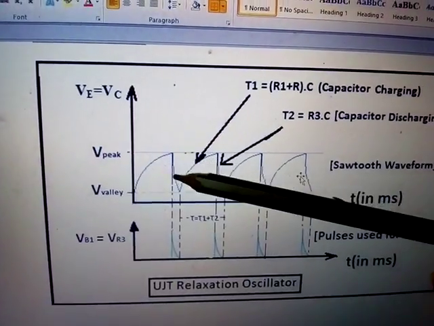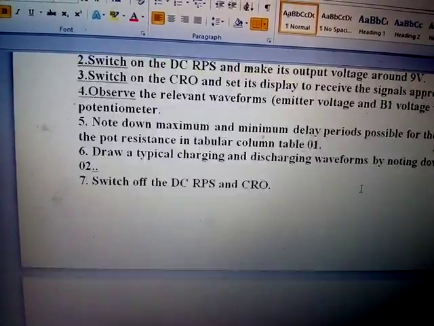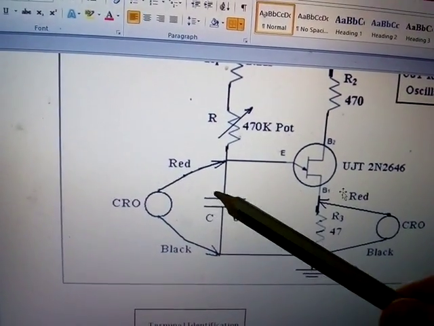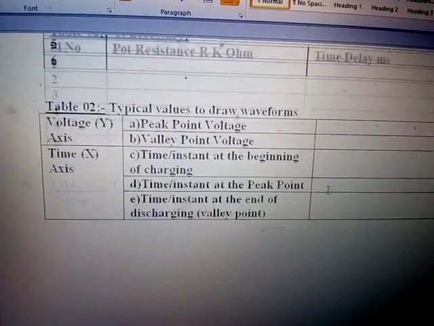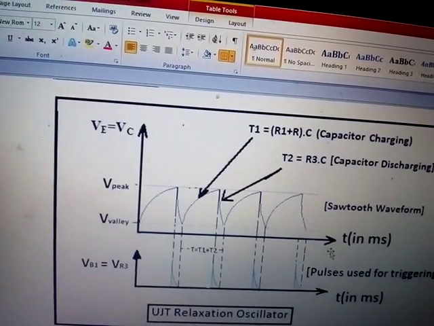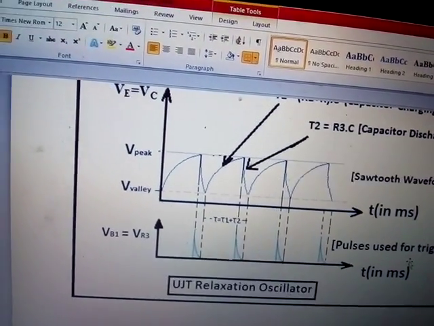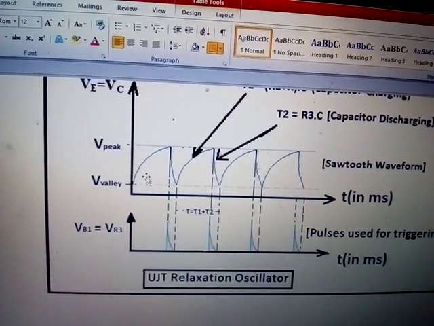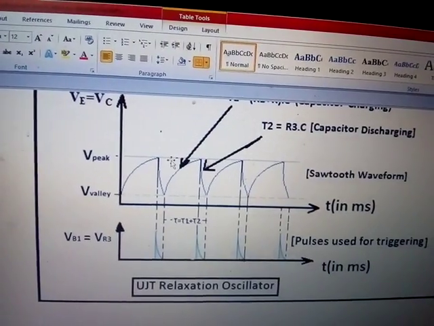This waveform you will get here across the capacitor, and across the discharge resistance you will get this. Why is charging slow, discharging fast, sudden dropping, slow rising?